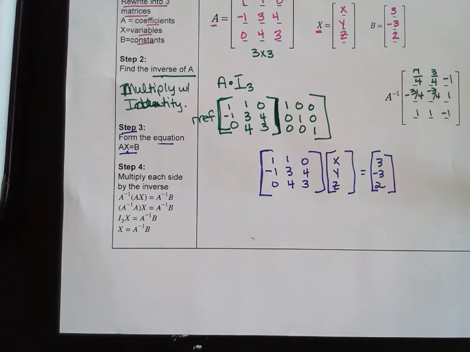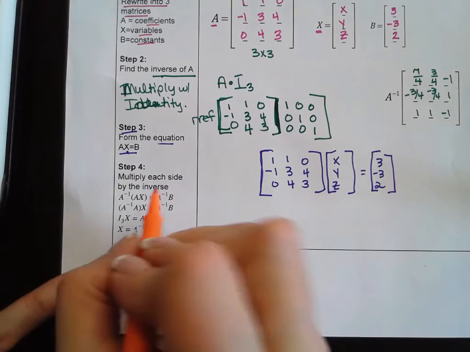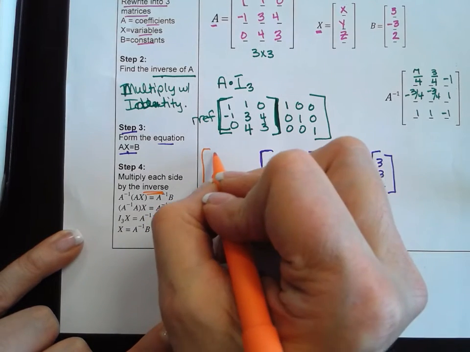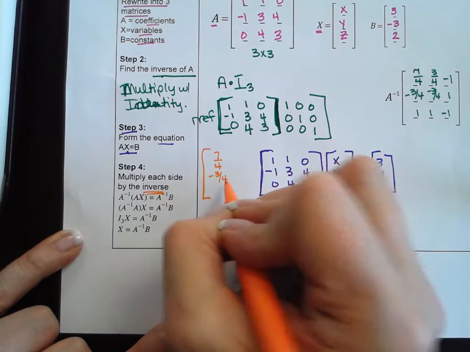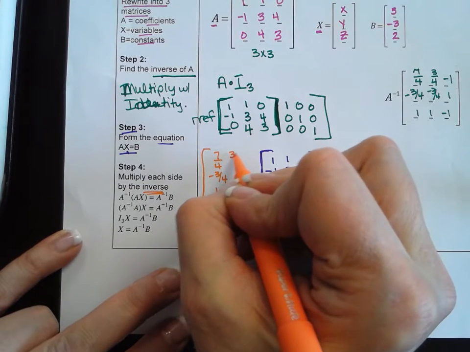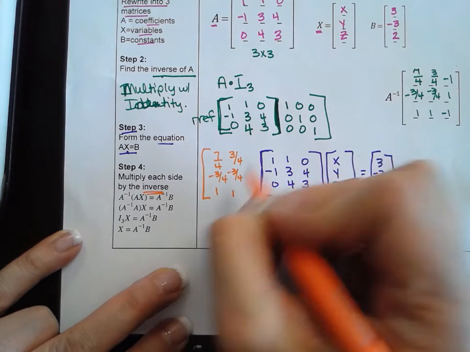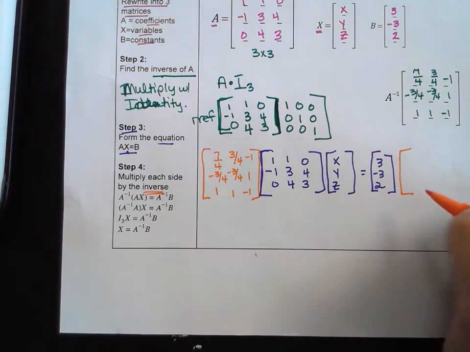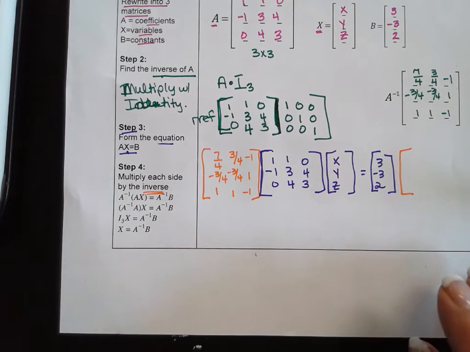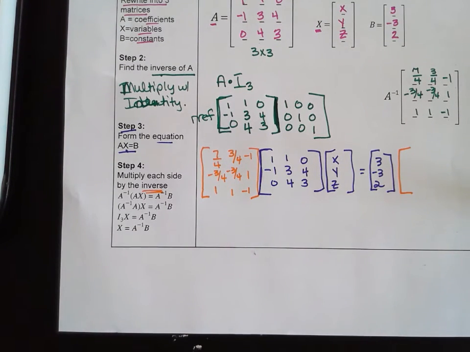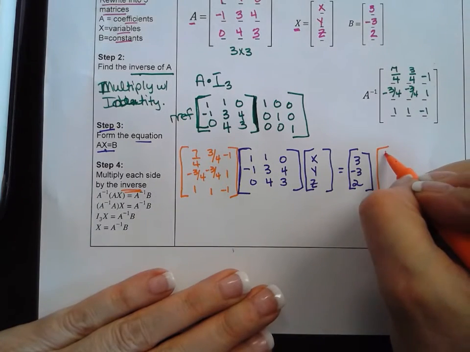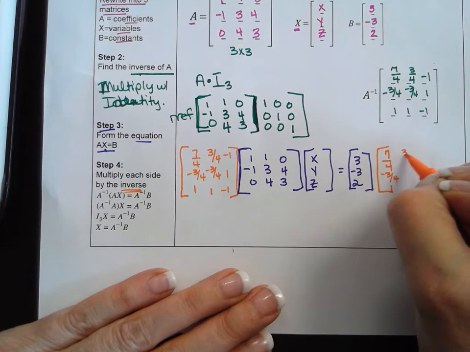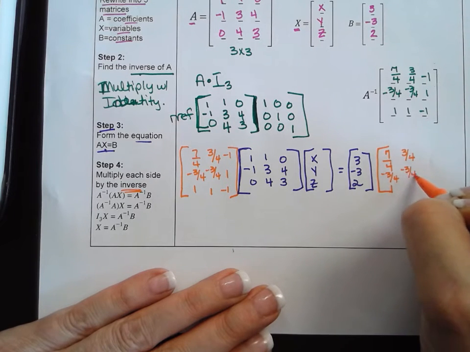Now, we multiply each side by the inverse. So that means I'm going to multiply this side by my 7/4, negative 3/4, 1, 1, negative 1, 1, and negative 1. And since now it's an equation, what you do to one side, you have to do to the other. So 7/4, negative 3/4, 1, 3/4, negative 3/4, 1.